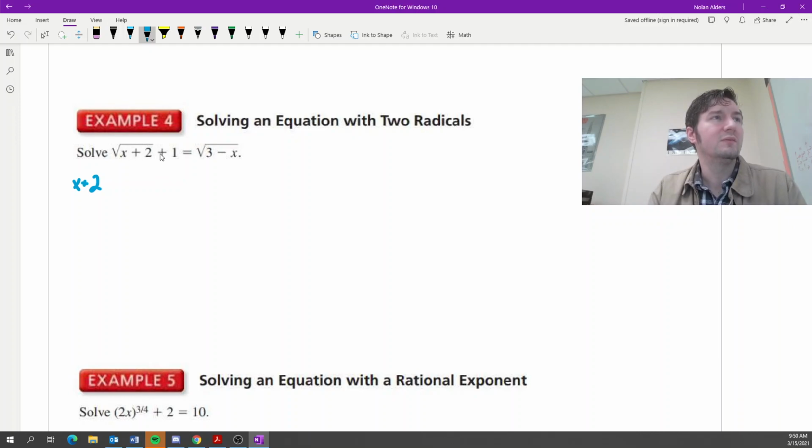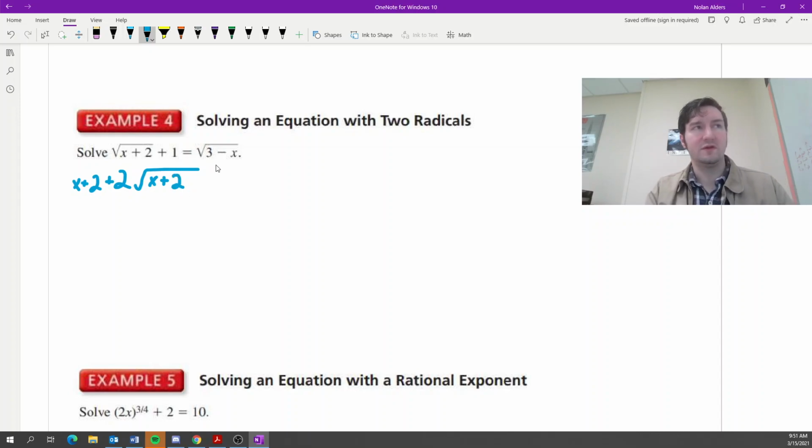Square root of x plus 2 times 1 is just square root of x plus 2, so we'll have 2 of those with FOIL, because then it's 1 times square root of x plus 2. So we'll have 2 square root of x plus 2. Oh my goodness, this is very sloppy. Let's try this again. 2 square root of x plus 2. And then finally 1 times 1 is 1, so we'll have a plus 1 out here.